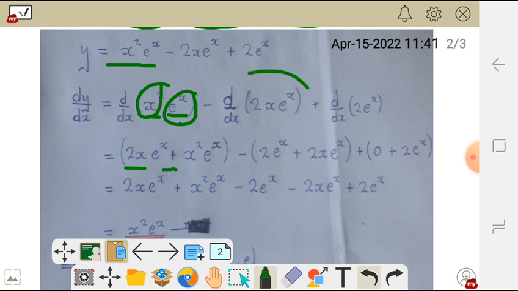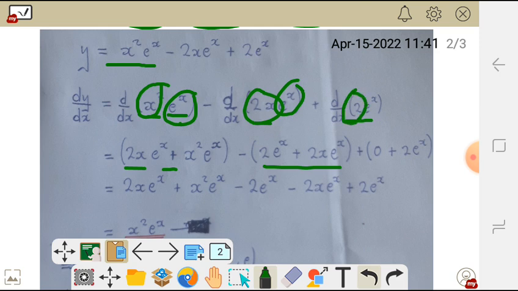The differential of this one here will be the differential of 2x multiplied by e to the power x, then plus the differential of e to the power x, which is e to the power x, multiplied by 2x, which is this one here. Then from there, we are going to add the differential of 2e to the power x, which is the differential of 2.